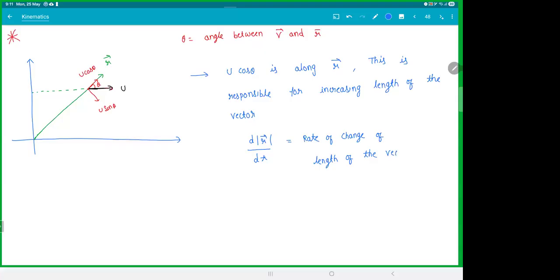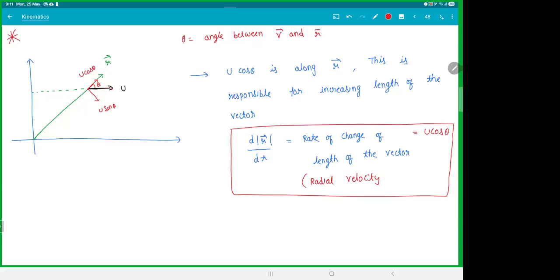This is also called a radial velocity. It's along the radius vector, so it's called a radial velocity.